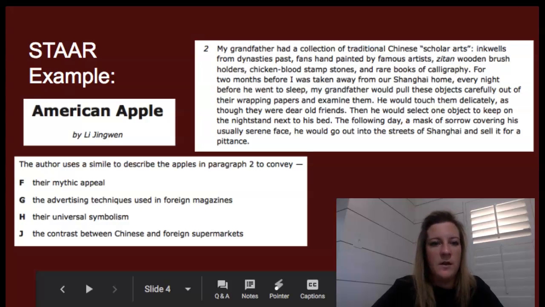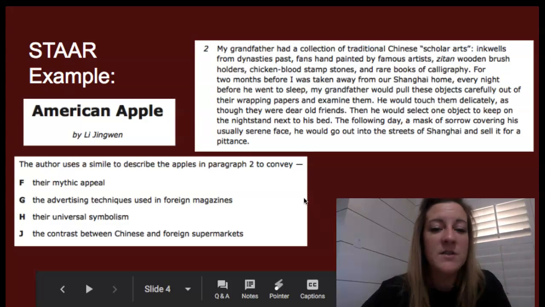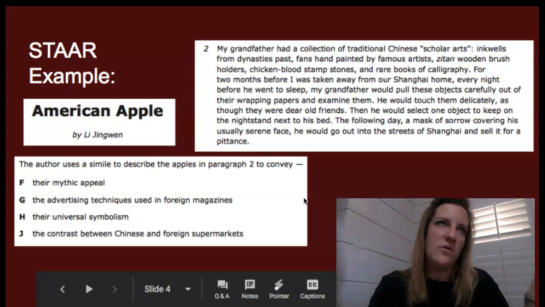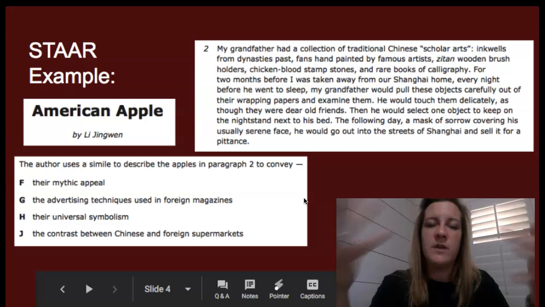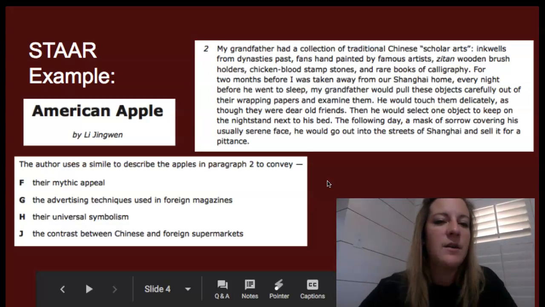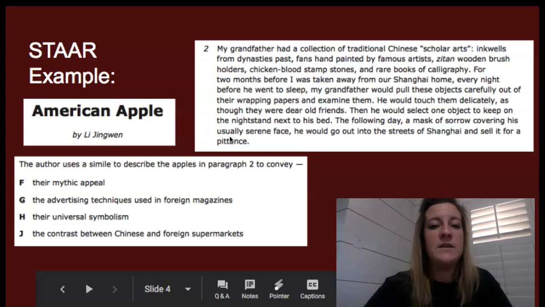There we go. Exaggerated or idealized. So you're putting this thing on a pedestal, honoring it or enjoying it, idealizing it. And then he talks about how he's sad because he's going to have to go sell it for a small price. So I think we can keep this answer choice.